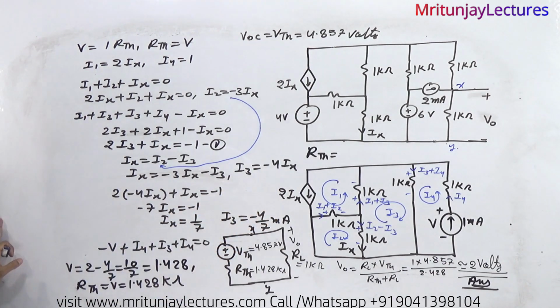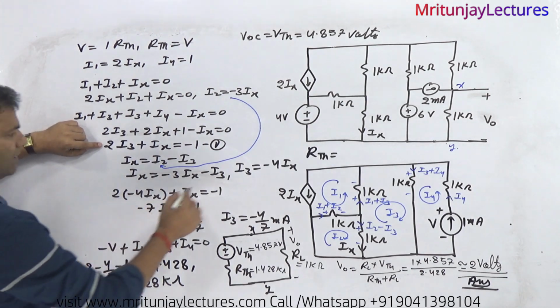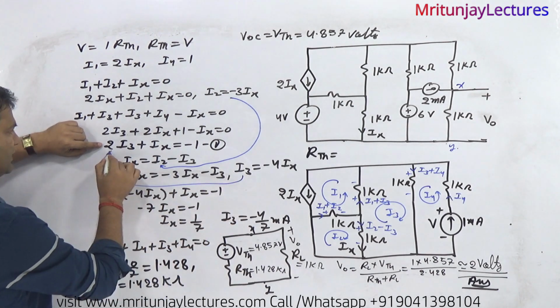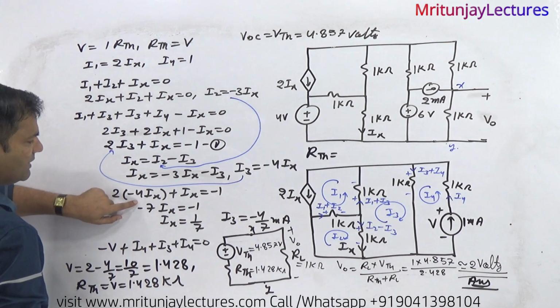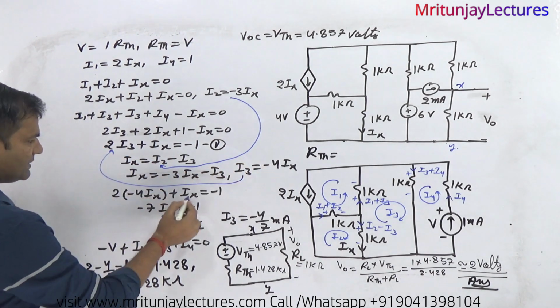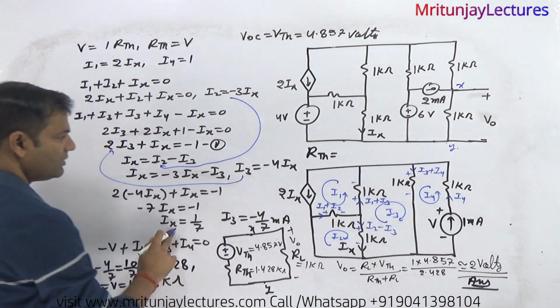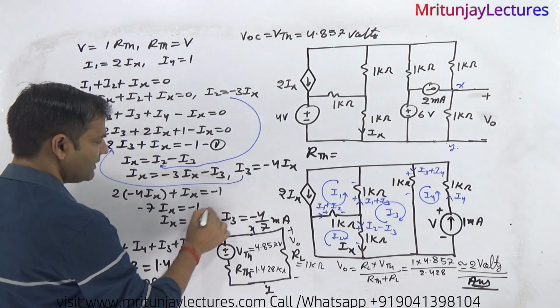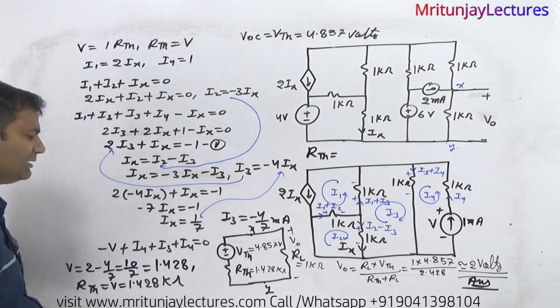After that, if this value is put here, then we get 2 times I3, which is minus 4Ix plus Ix, equal to minus 1, then Ix is 1 by 7. So if we put it again here, then we get I3 is minus 4 by 7 milliampere.